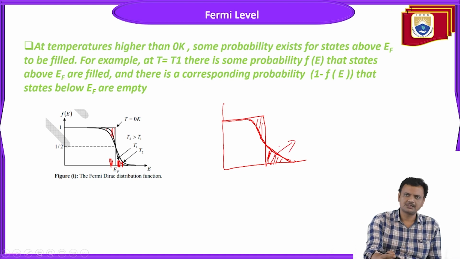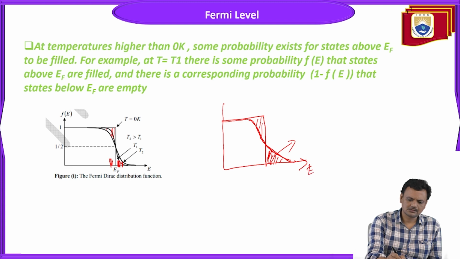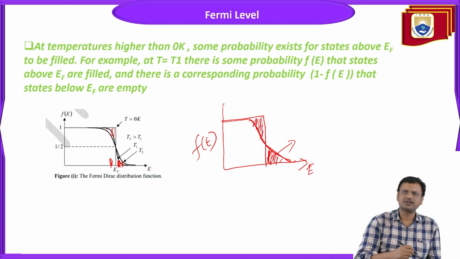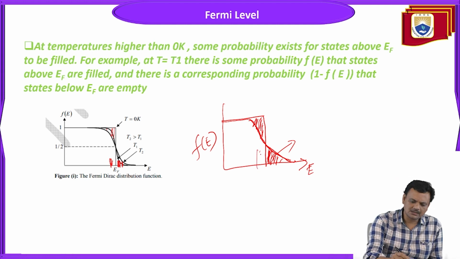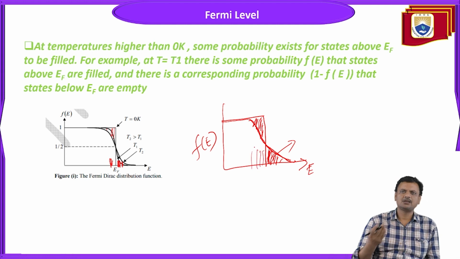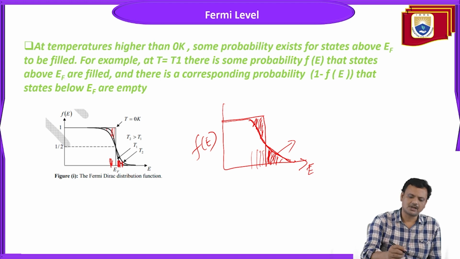This area represents that there is some chance that these energy levels will be occupied, and this region represents that there is some chance that the energy levels present here remain unoccupied.